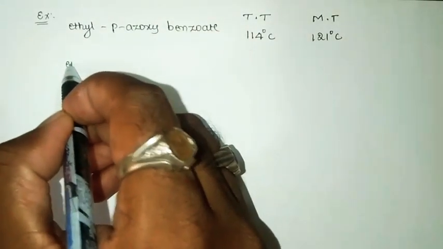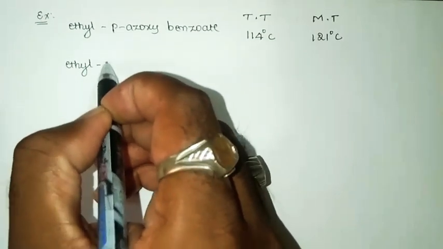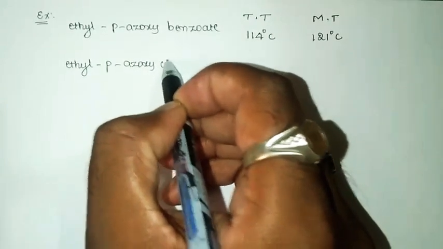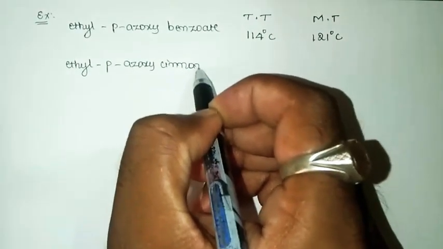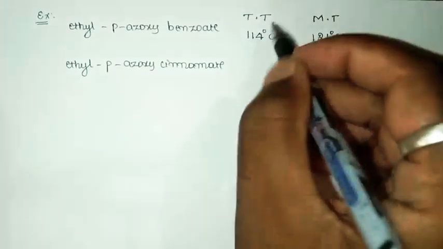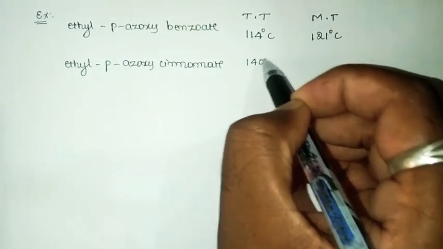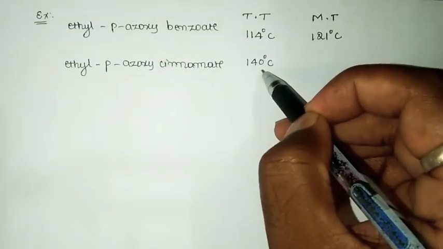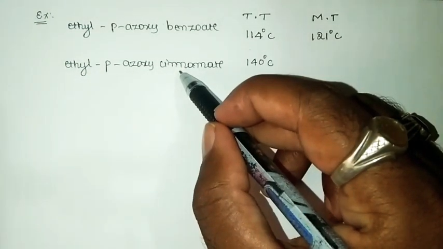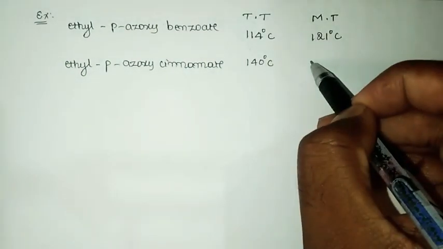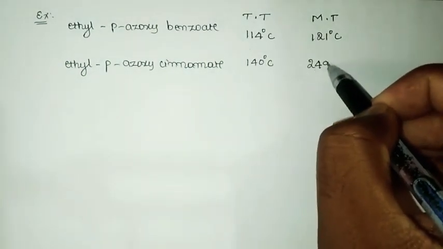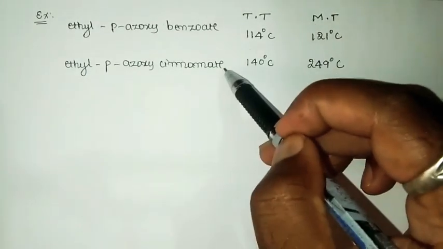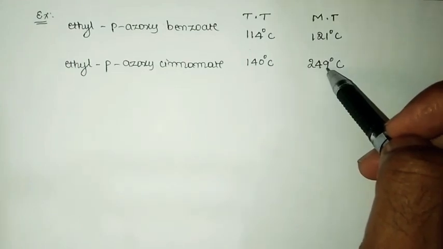One more example of a smectic liquid crystal is ethyl para-azoxycinnamate, which has a transition temperature of 140 degrees Celsius. When you go on heating it up to a temperature of 249 degrees Celsius, the liquid crystalline form of this material changes into a true liquid.